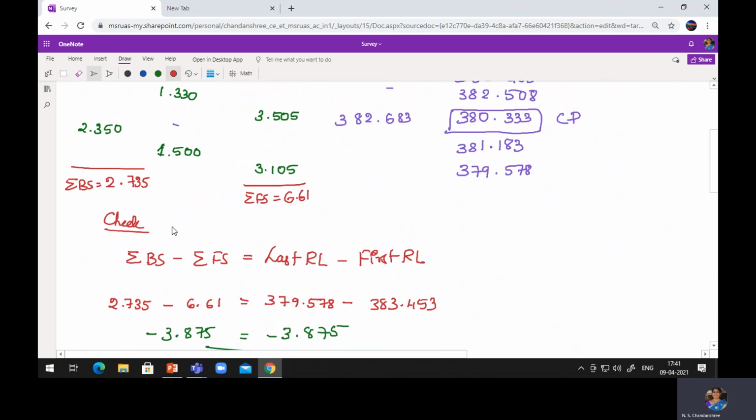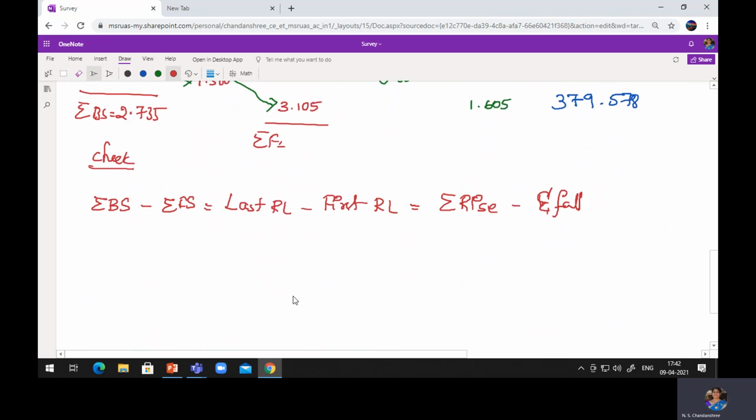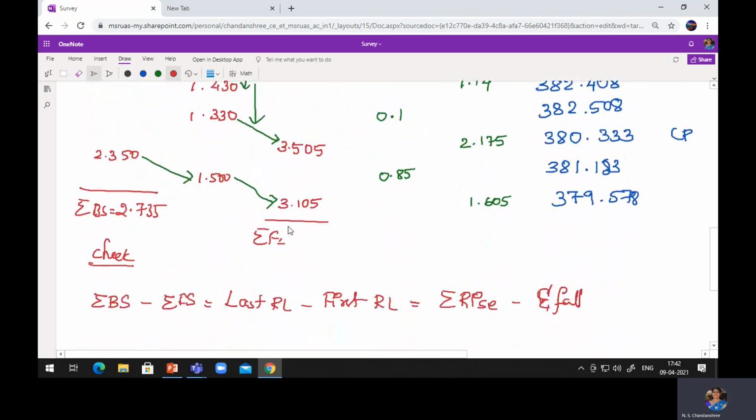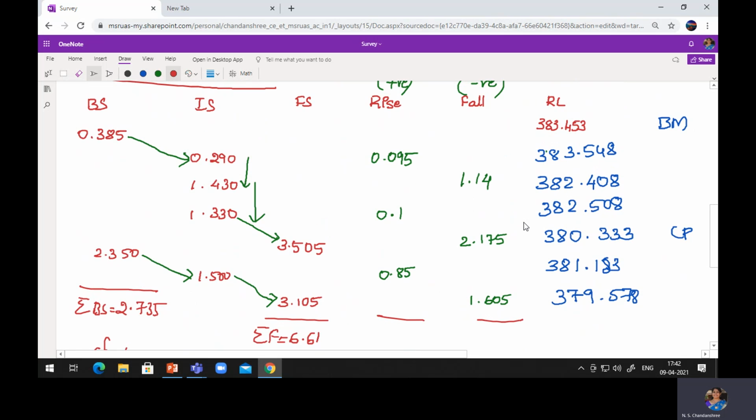Sigma BS is 2.735. Sigma FS is equal to 6.61. Sigma rise and sigma fall we have to calculate. Sigma rise is 0.095 plus 0.1 plus 0.85. So sigma rise is equal to 1.045.